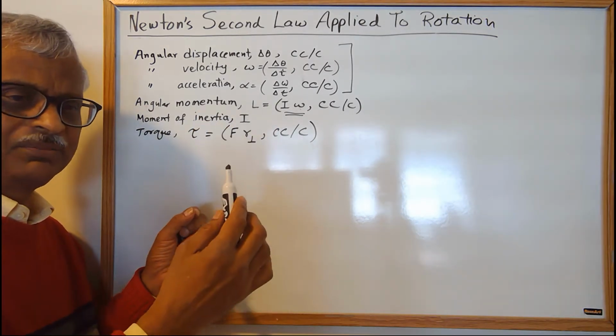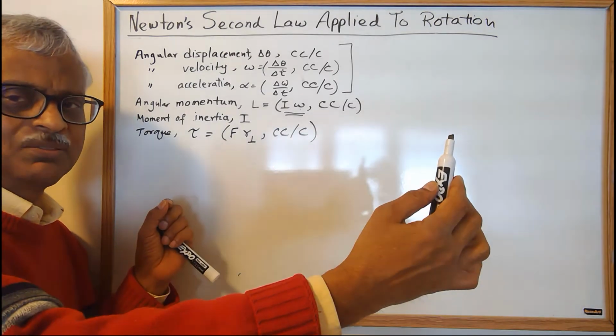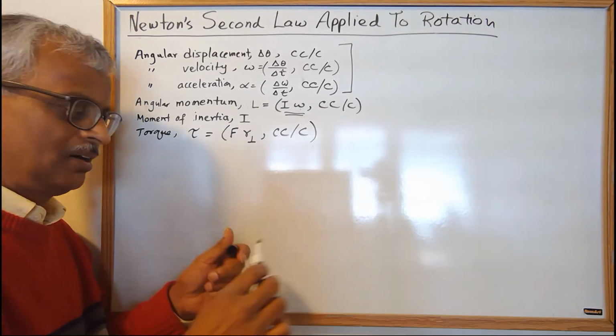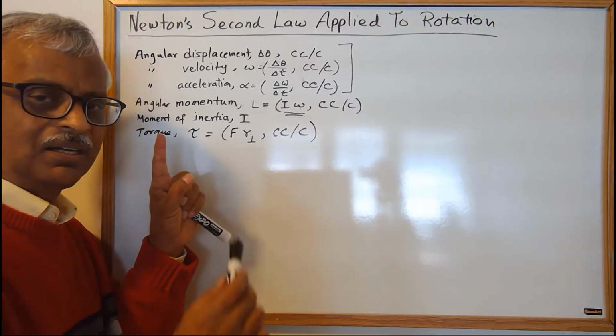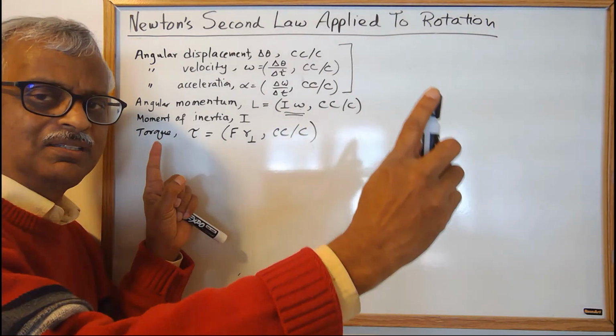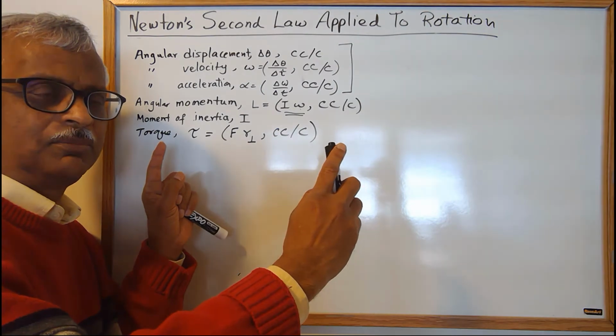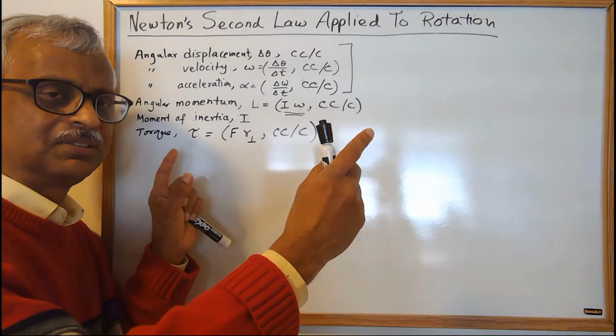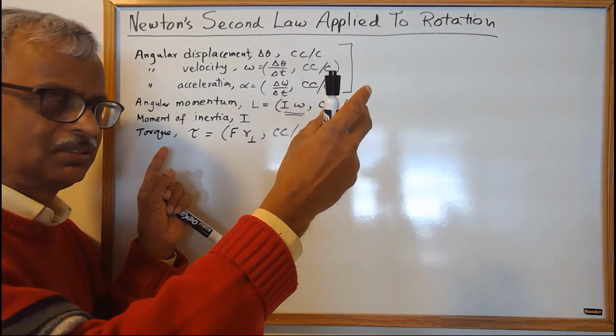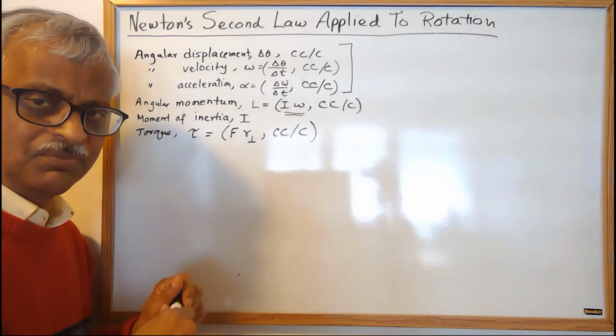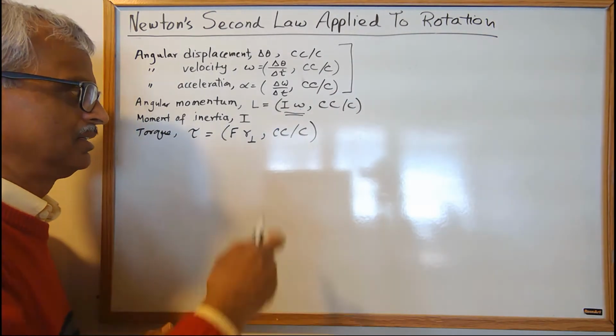But it's not just that if you double the distance from the axis, your resistance or inertia doubles; it actually quadruples, four times. So it's a very strong effect, the distance.